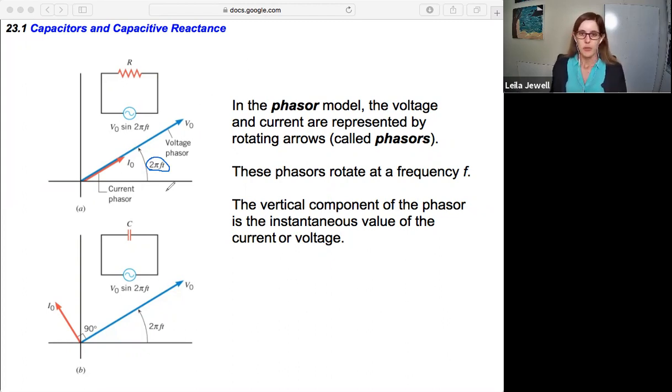Now, how can this rotating arrow possibly relate to that sine wave that we had before? Well, let's sketch the sine wave so we have a reference. Right, so there's my axes as a function of time. And then I can draw in my voltage in blue, and I'll just do the resistive circuit because it is easier. So I have the voltage, and then current I'll do in red.